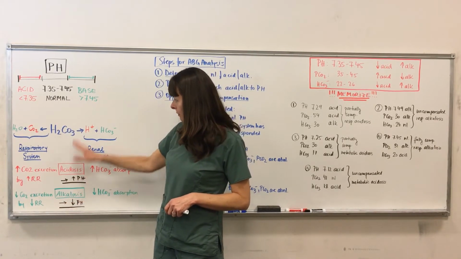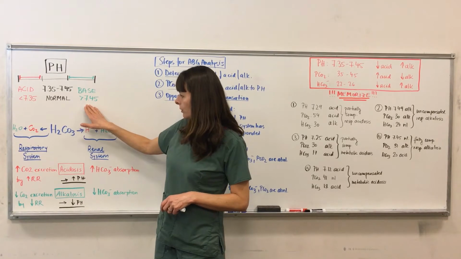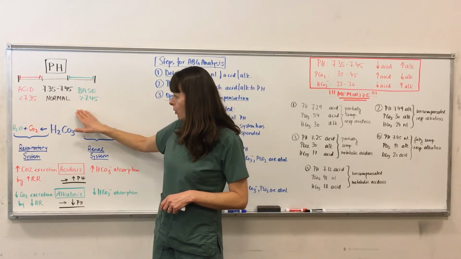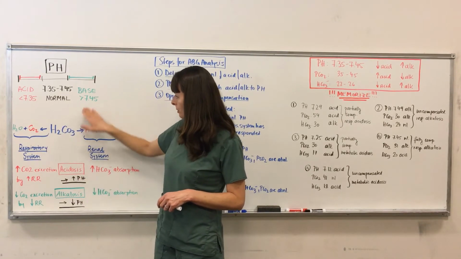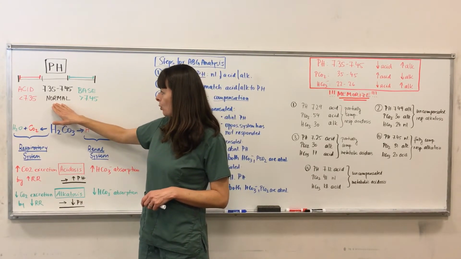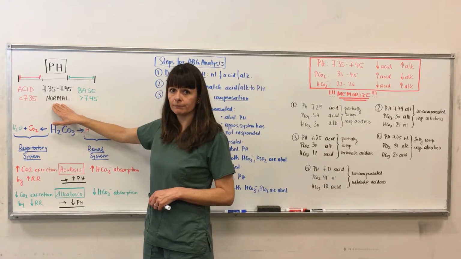And therefore, from an alkaline state, we now reabsorb, we now have more CO2 in our system, which we know is more acid. So now we go from an alkaline state back towards the normal pH level.